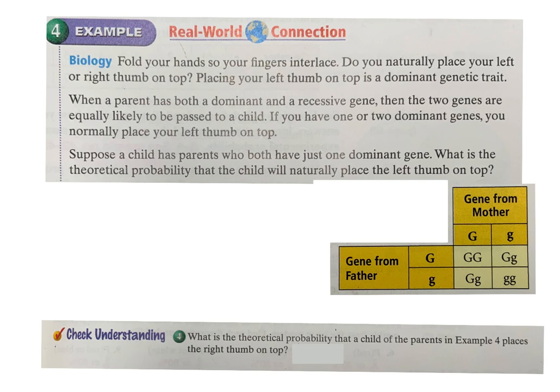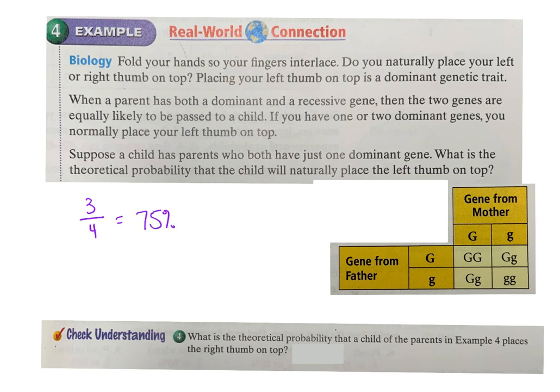They have the gene from the mother, capital letter being the dominant, lowercase being the recessive, father, capital being the dominant, lowercase being the recessive. And then you just fill in the blanks here, which is kind of easy to do. But the dominant gene will show up. And so if you look at how many times it shows up and the chances of it showing up, then you can see that it's going to show up 3 out of 4 times, right? And so the probability of this particular child having that trait is about 75%.